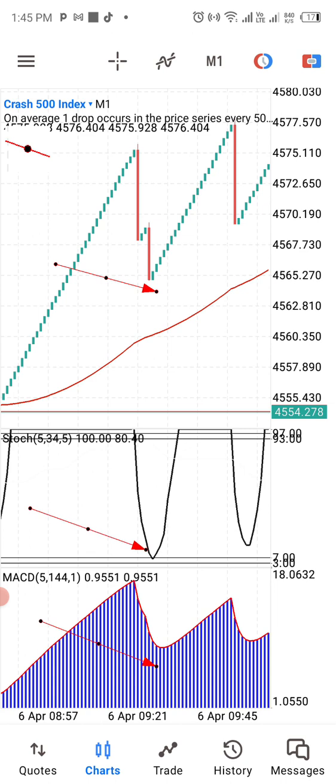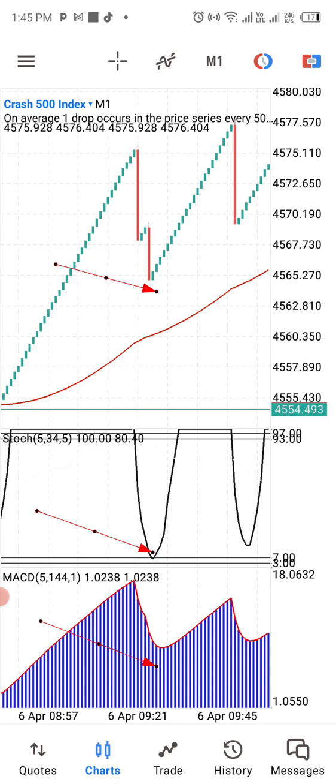The stochastic line must touch 7 and reverse sharply immediately. That is why I call it hit and reversal. It must hit 7 and reverse immediately within 1 or 2 candles. That action must occur.